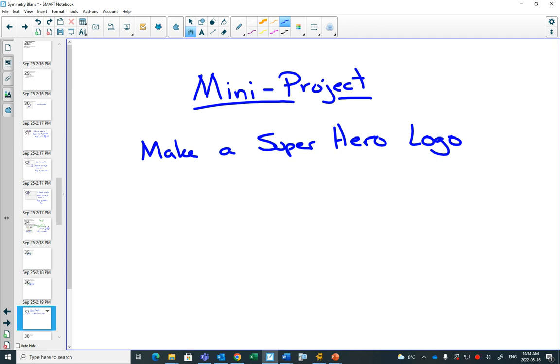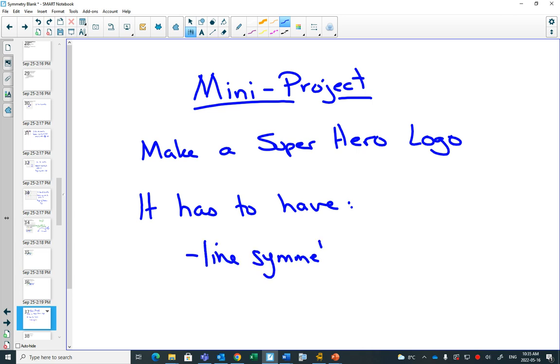You're going to make a superhero logo. It has to have line symmetry and rotation symmetry.